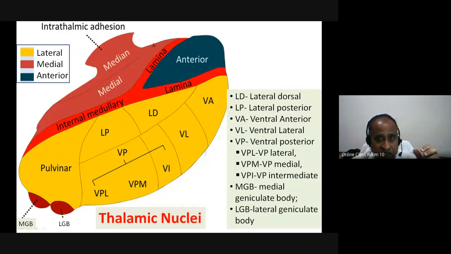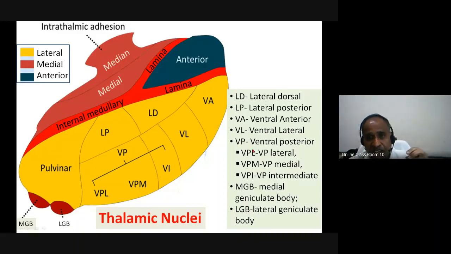This is the medial nucleus. And this dark one here, or black, is the anterior nucleus. This yellow part, the entire yellow part, is the lateral nucleus.